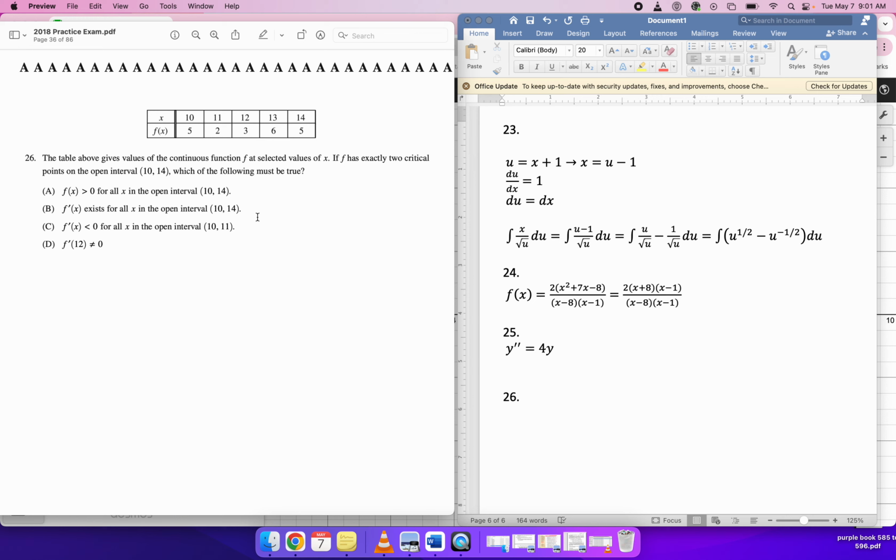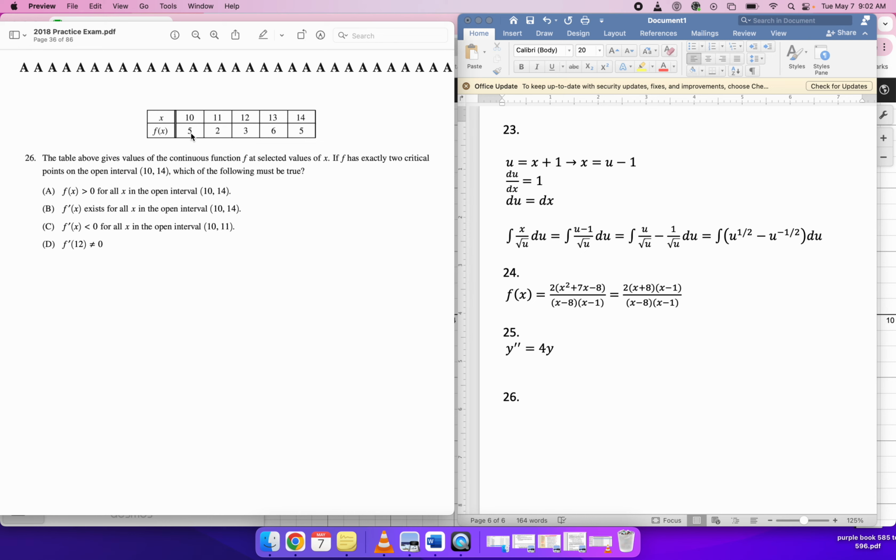Let me think. What I noticed with these values is it goes down, so it's overall decreasing on this interval. It might be going up and down, but overall it's down. And then on this next interval, it's up, and then still up, and then down.